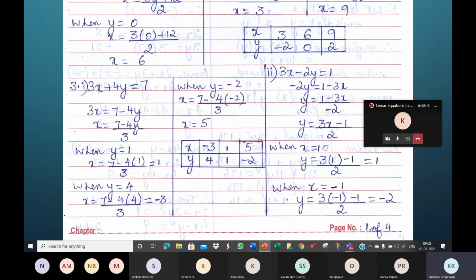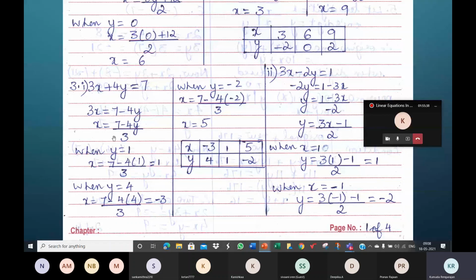Okay, now put 10 here. Y is 10. So minus 4 into 10, minus 40. Minus 40 plus 7 is minus 33. Minus 33 by 11 is minus 3. Yes, ma'am. Okay. That's what it is.